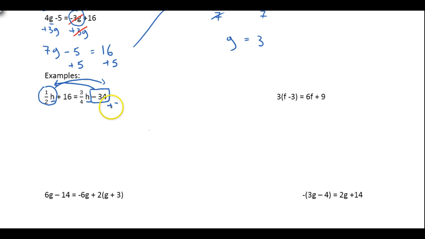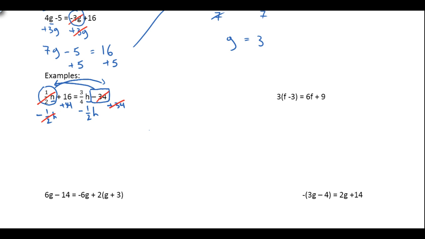I'm going to add the 34 to both sides, which gets rid of the 34s. And then I'm going to subtract 1/2 h from both sides, and that's going to get rid of this h over here.